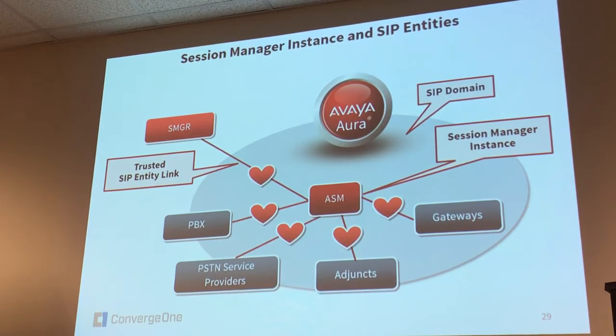Every time an application wants to communicate with one of those Session Manager instances, that application needs to be defined as a SIP entity. Otherwise, Session Manager doesn't trust communications coming from that application. So every application that wants to directly communicate with Session Manager needs to be defined as a SIP entity.